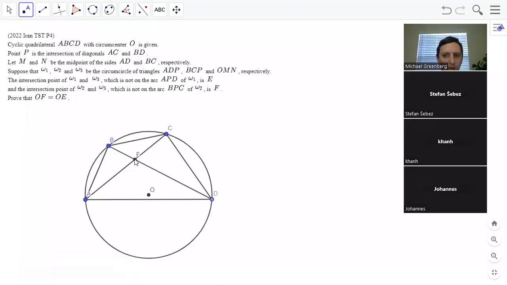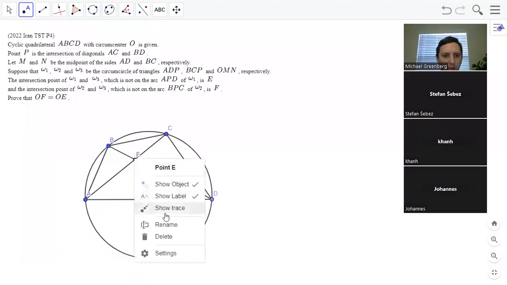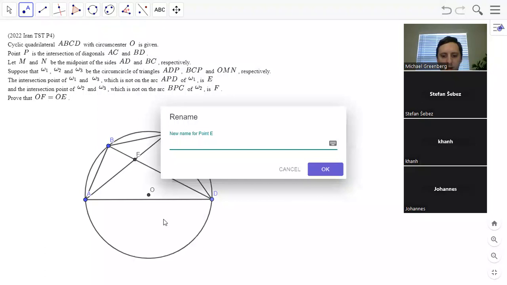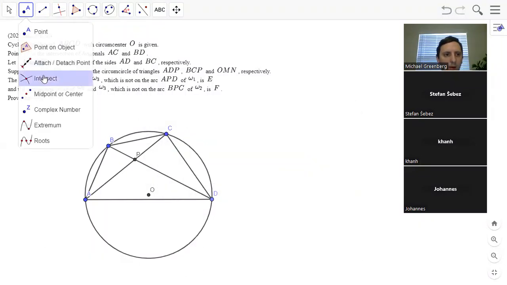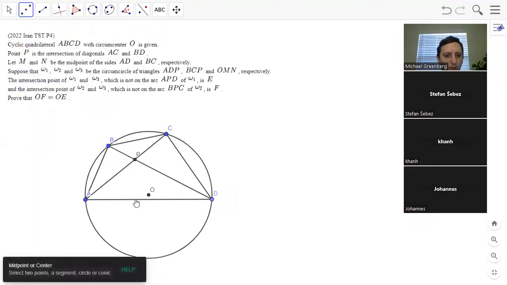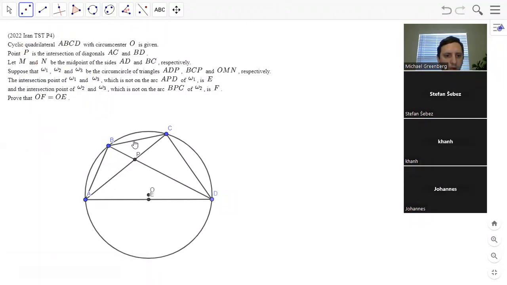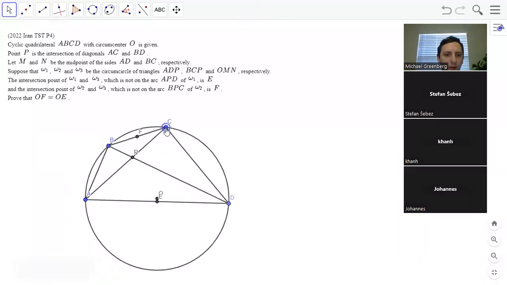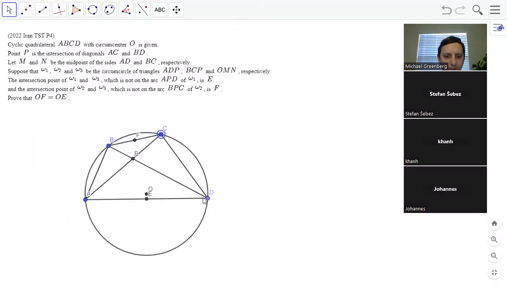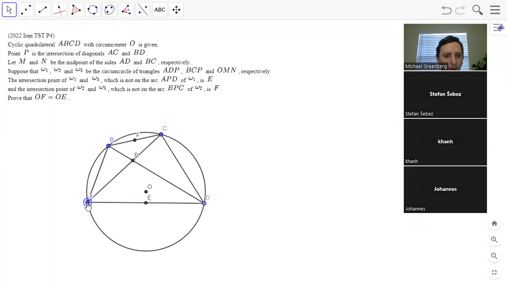This is P, and M and N are the midpoints. So obviously OM and ON are perpendicular to the sides. Let's make O and M a little farther away.